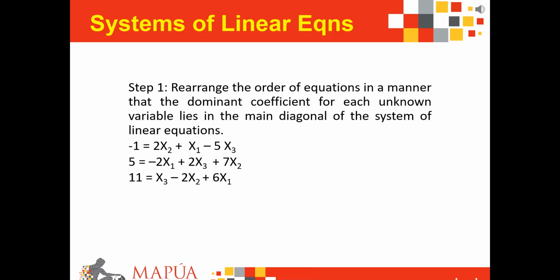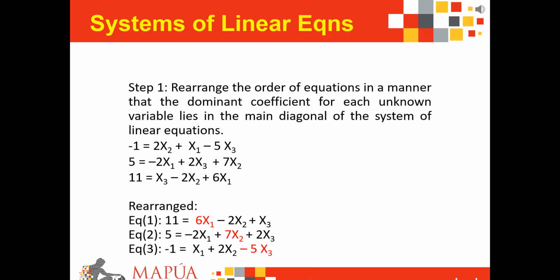Hence, our given equations are rearranged into this system, whereby you would notice that the dominant coefficients for each unknown variable are now lying on the main diagonal, which are the ones highlighted in red.